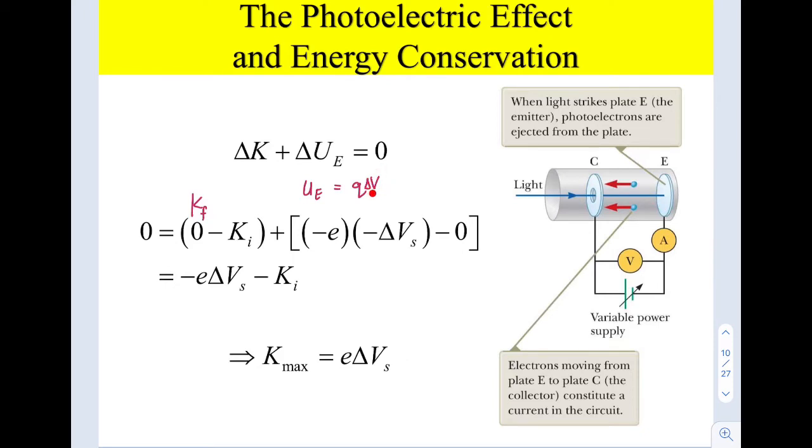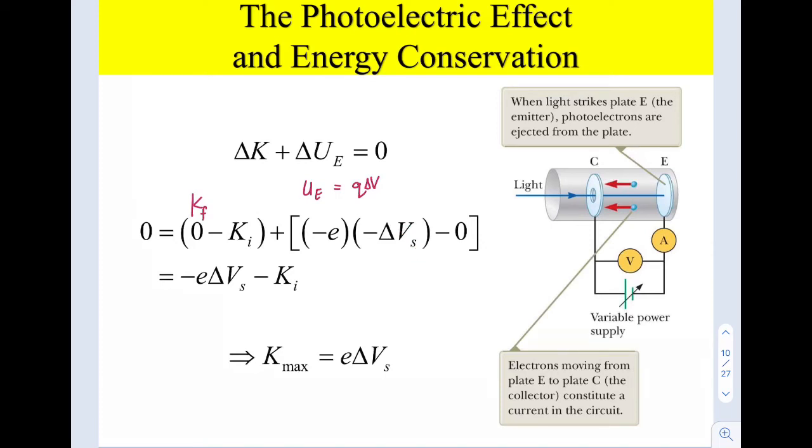There is no potential, no ejection of the photoelectron. So finally, after you apply the voltage, you are going to observe the photoelectron being collected by the collector and causing the current to flow within the circuit. That is why U final is equivalent to negative e times negative delta Vs.